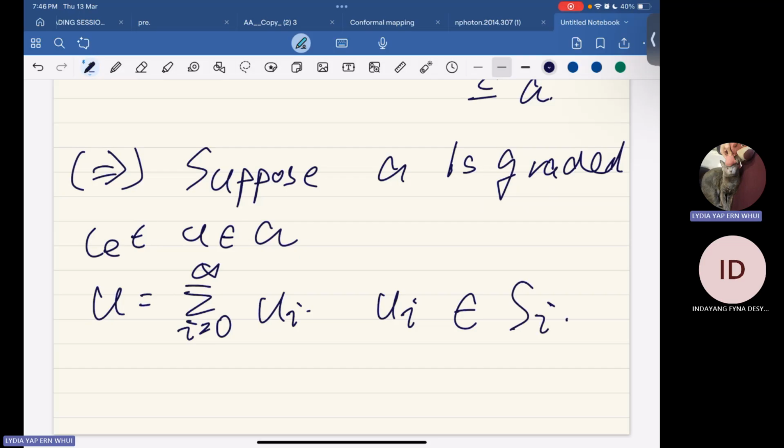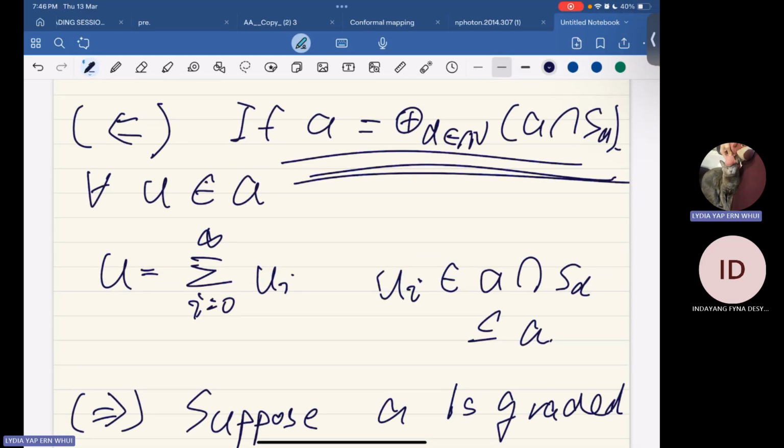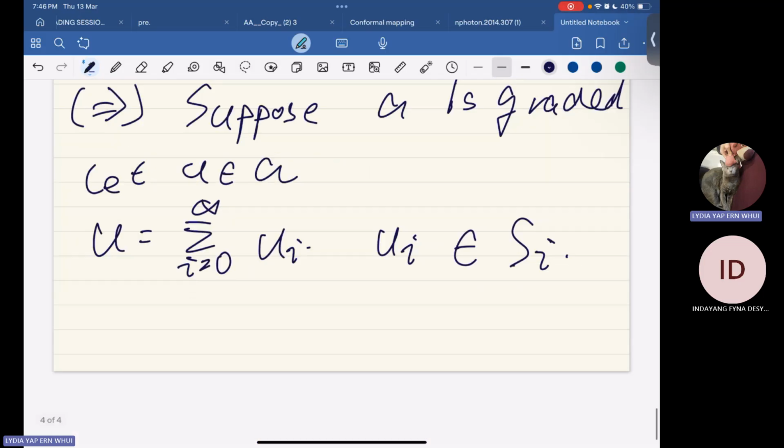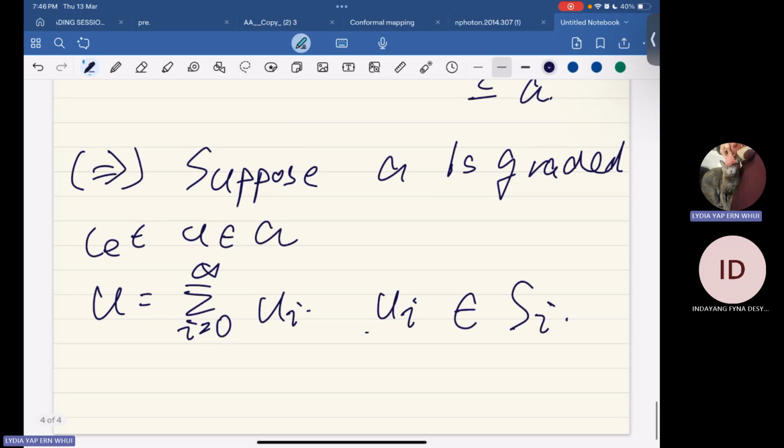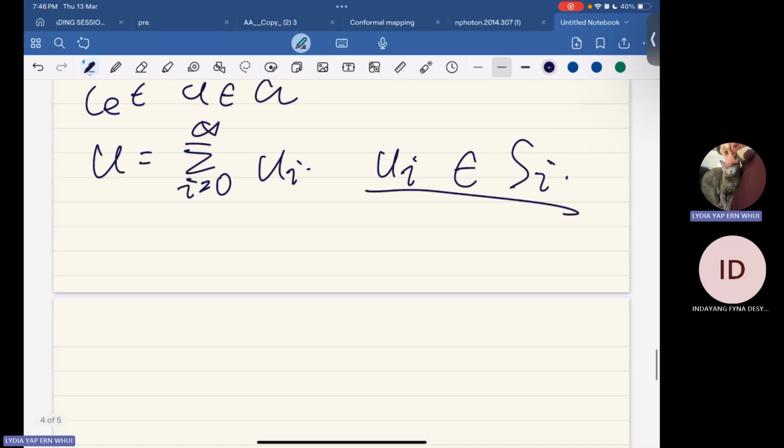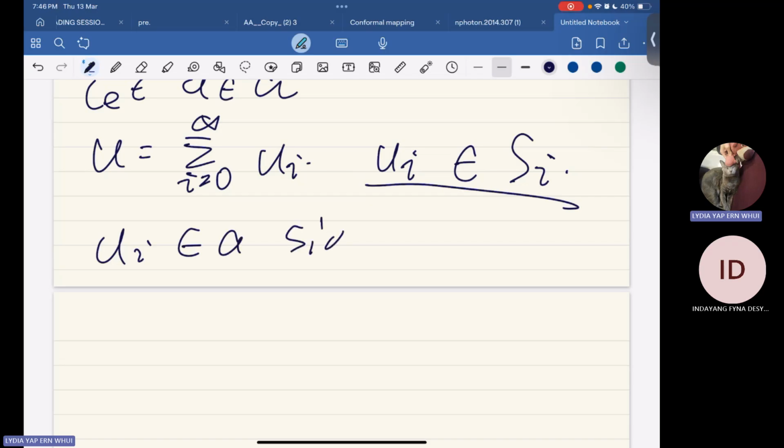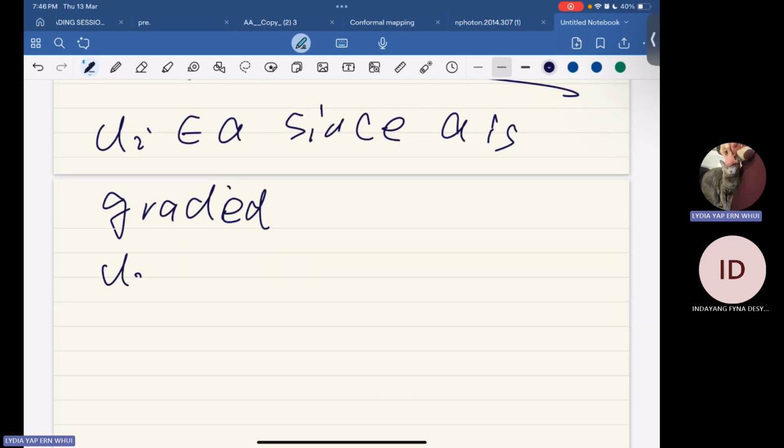We want to show that u_i lives in the ideal. Of course, u_i lives in S_i, and because we suppose this ideal is graded, u_i also lives in A, since A is graded.